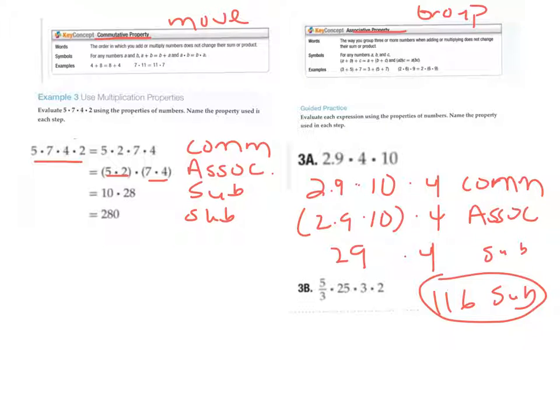I'm going to take the 5/3 and I'm going to group it with the 3, or change, not group it, I'm going to change the order. So that is the commutative property. And then I'm going to group these.